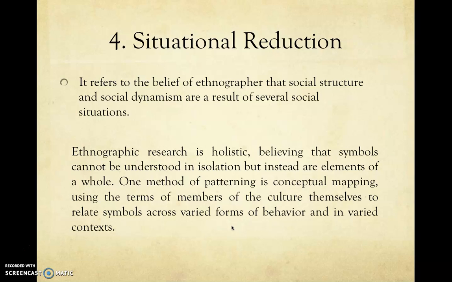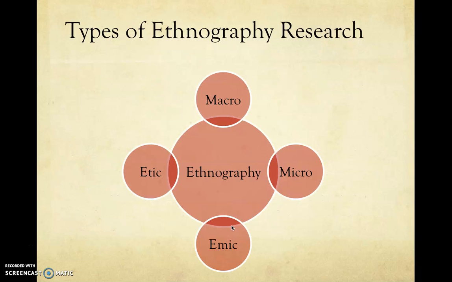In the process of situational reduction, we cannot take the symbol as a single term; we take the elements of all the symbols as a whole. One method of patterning is conceptual mapping. We can map the concept of the symbols by using the terms of members of the culture themselves to relate symbols across varied forms of behavior and varied contexts. This is called situational reduction.